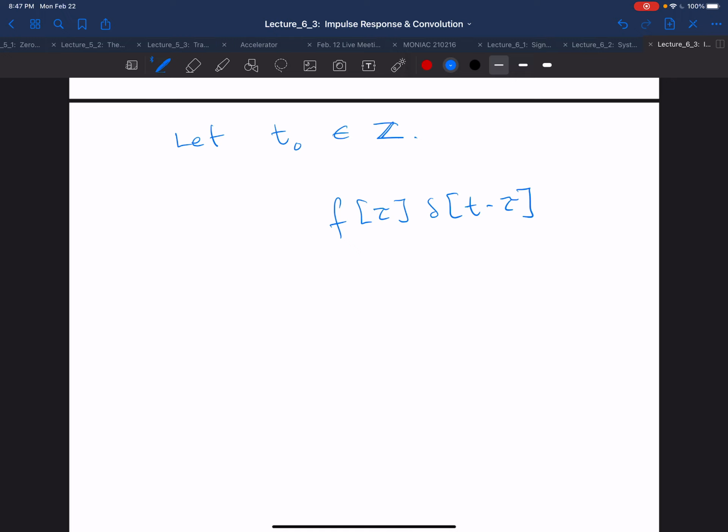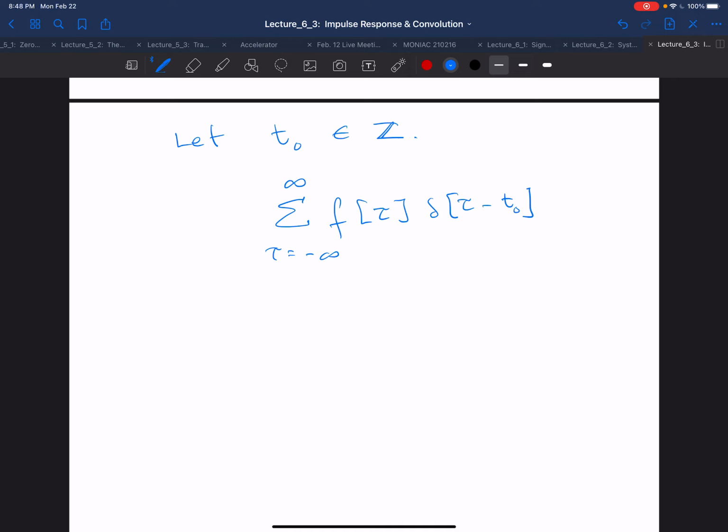Suppose we take f of tau, we multiply it by delta of, let's write it this way, tau minus t naught, and then we sum over all values of tau, integer values of tau, from minus infinity to infinity. What are we going to get when we do that? And this is just a discrete time analog of what we did with the continuous time impulse.